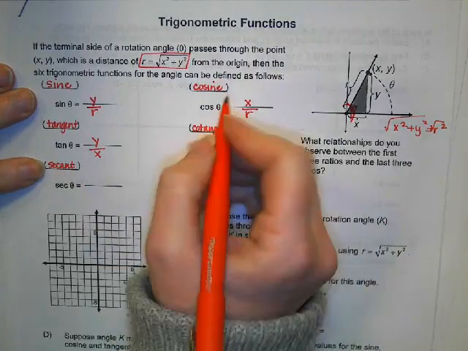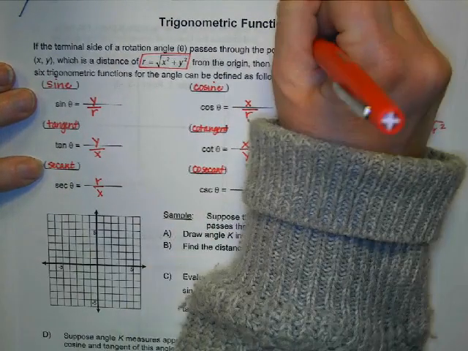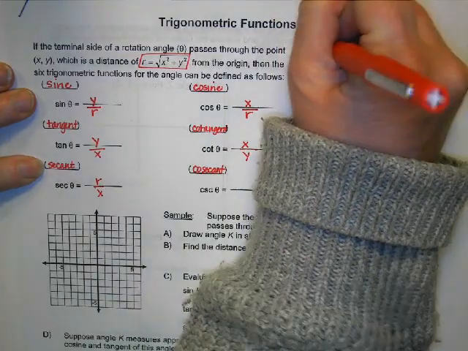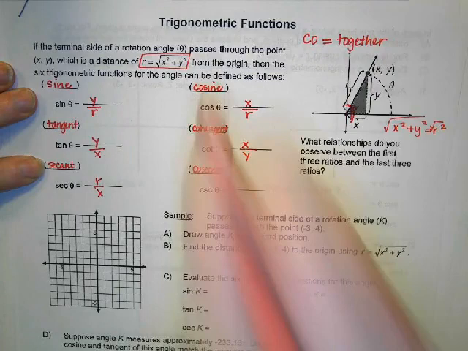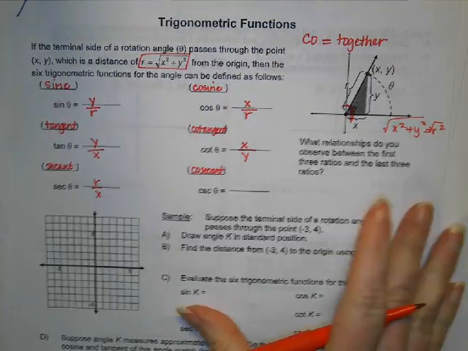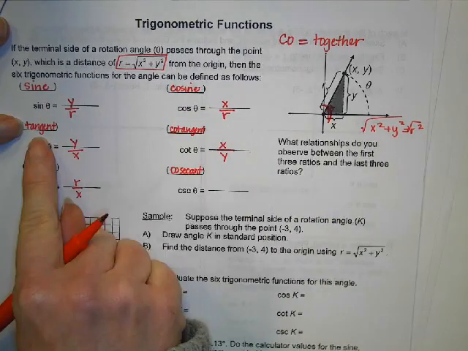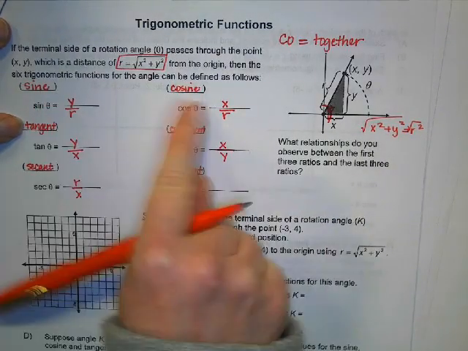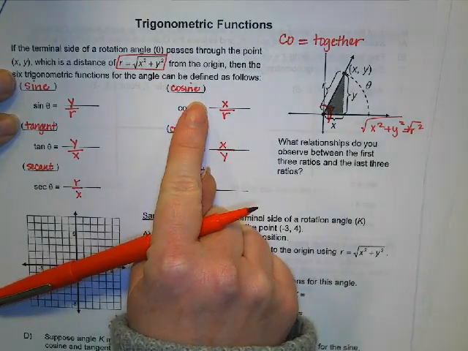Now, I'll explain the prefix co. That prefix means together. A co has to be together with something. The first 3 that we learned were sine, cosine, and tangent, and those aren't together. Now, they have a together relationship, but it's not a reciprocal relationship.